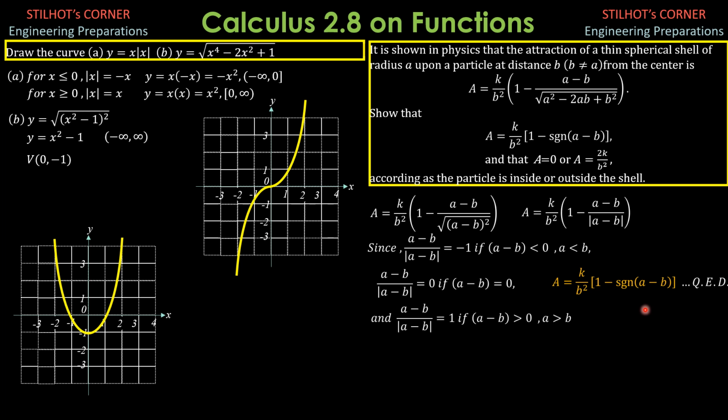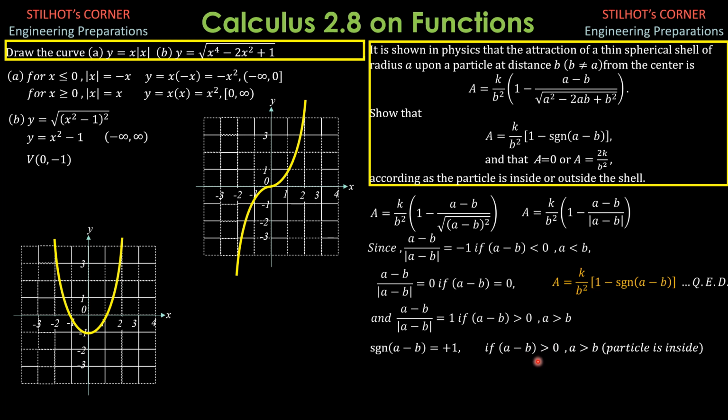So when the particle is inside, a is less than b, or when the particle is outside, or inside rather, because a is greater than b, the radius of the particle is a, and a is greater than b, so that means the particle is inside because the radius is greater than b.